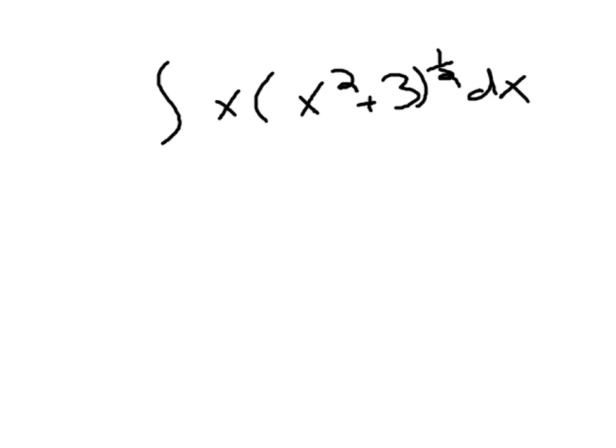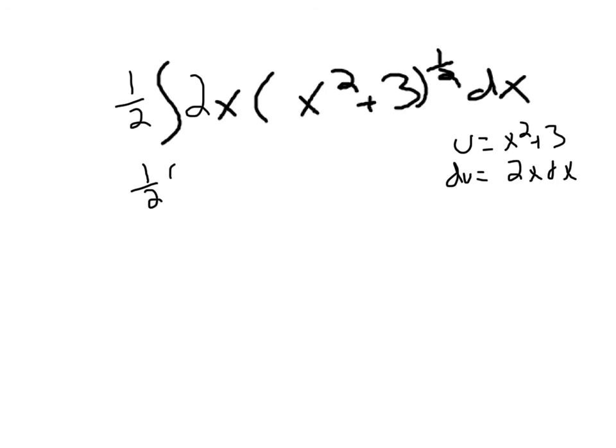U-sub works with fractional exponents as well. All right. Clearly that x squared plus 3 is the u, because that was the in from my chain rule. My du would be equal to 2x dx. So I need a 2 in my integrand and a 1/2 out in front to cancel it.